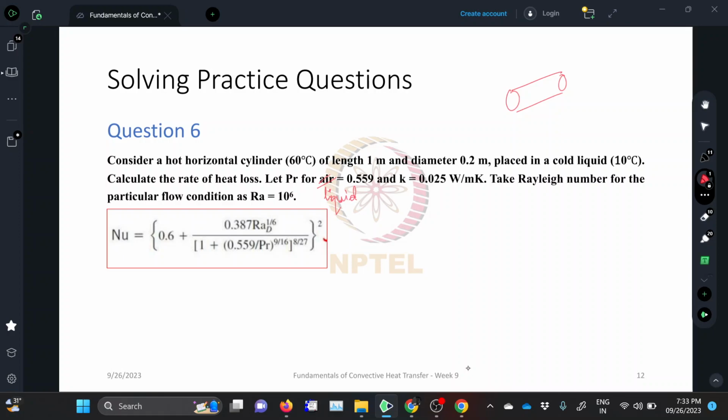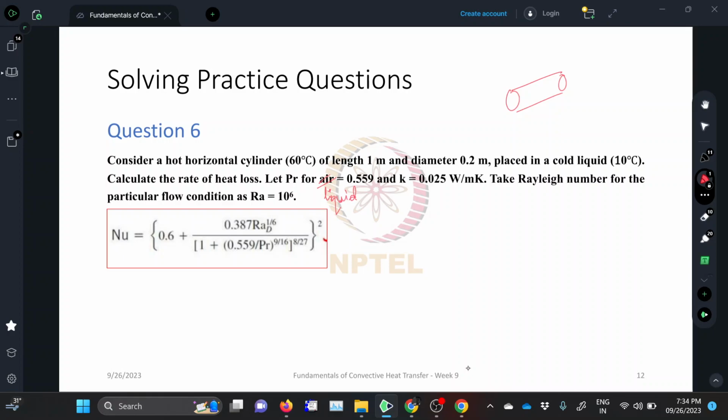Let Pr be equal to 0.559, and the thermal conductivity K is equal to 0.025 watt per meter Kelvin. And you can take the Rayleigh number for the particular flow condition as 10 to the power 6. So all these pieces of data are given.